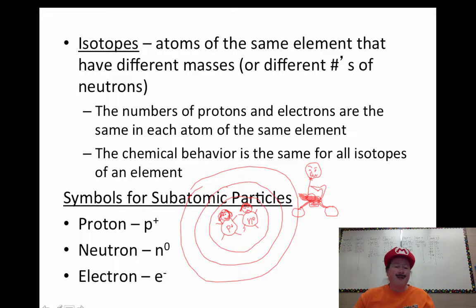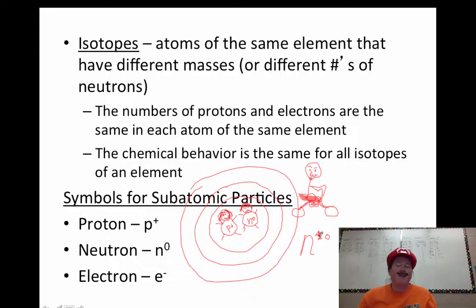Now, I would like you to refrain from making your neutron symbol represented by this. I've seen this before where people put a plus and a minus together, indicating, oh, they cancel each other out. I would rather you not do that and just cross this off. This is an N. And just use a 0, indicating no charge.